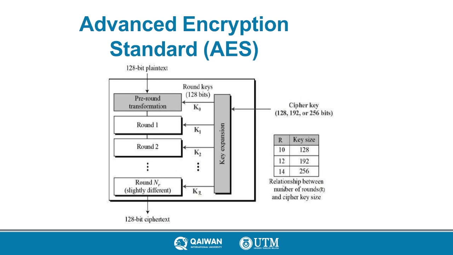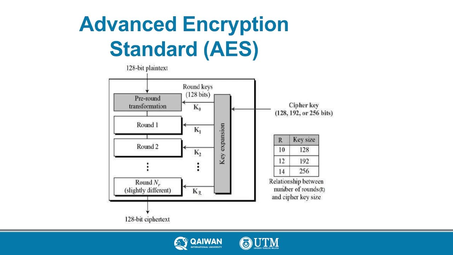Now, in the Advanced Encryption Standard, you would take a block of message of 128-bit plaintext, and then a pre-round transformation, using the encryption key of 128, 192, or 256 bits. So if the key size is 128, we will have 10 rounds. For 192, we will have 12 rounds. For 256, we will have 14 rounds.